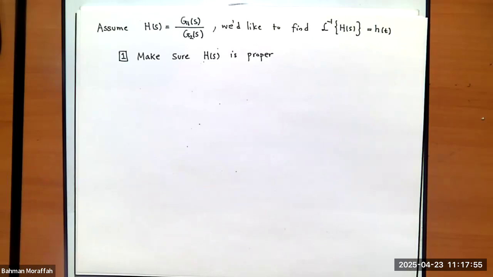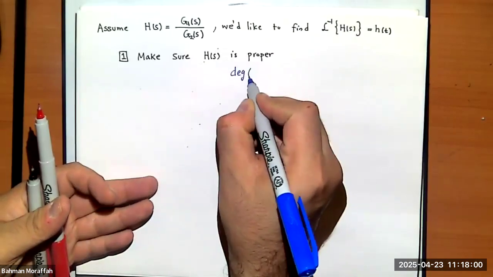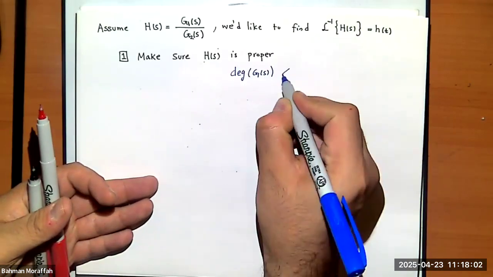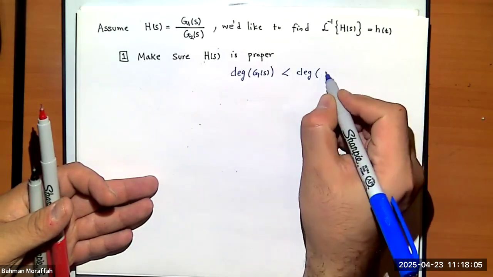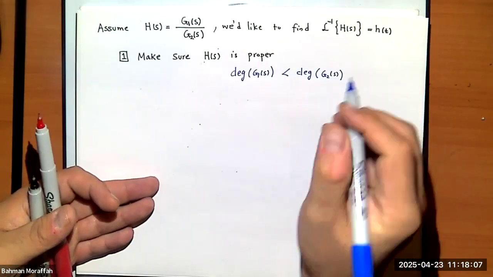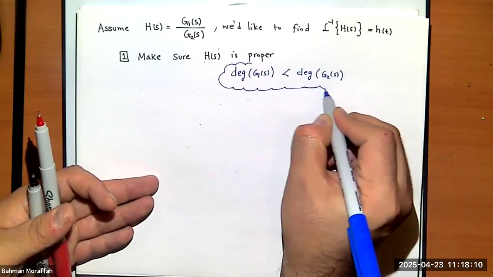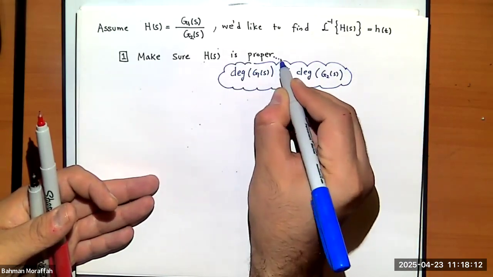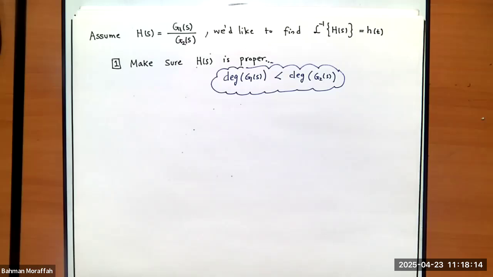So the degree of g1 of s is less than the degree of g2 of s. That is basically the definition of proper. If it's not proper, we can make it proper: extract the portion that's making it bigger, and the rest is going to be a proper function. I know exactly how it's done.